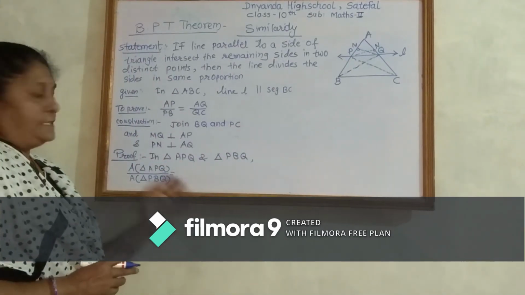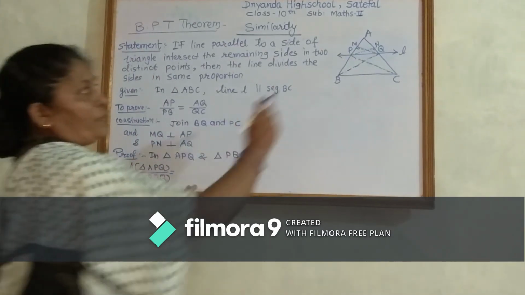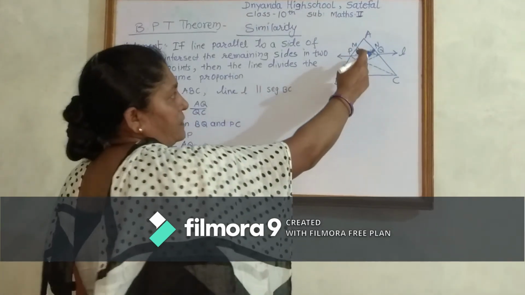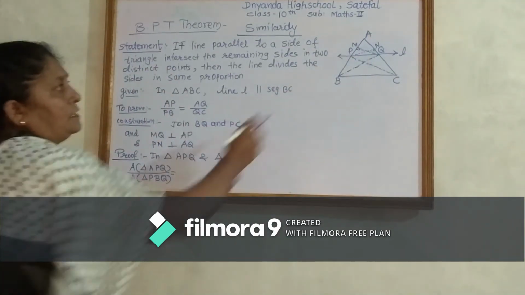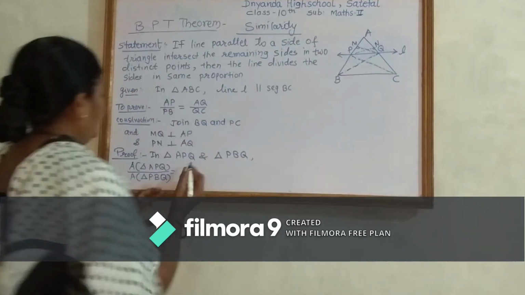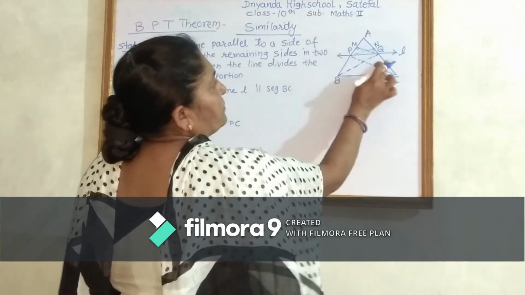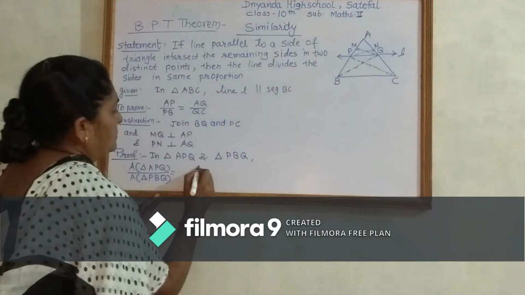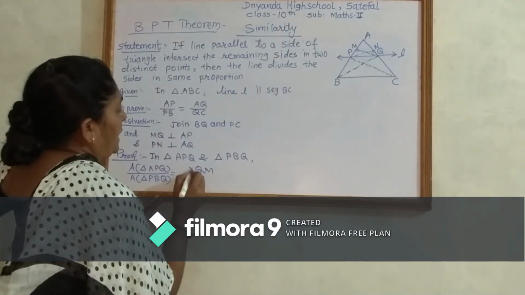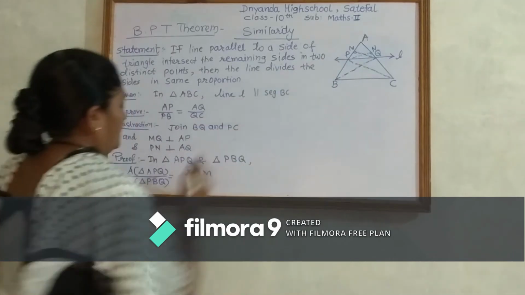The half gets cancelled, leaving the product of their bases and corresponding heights. In triangle APQ, the height is QM and the base is AP.